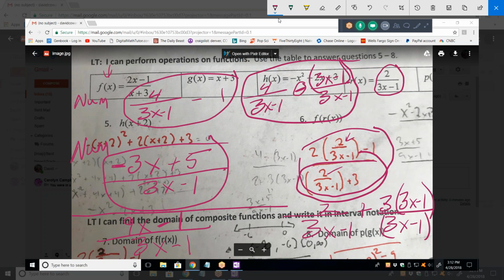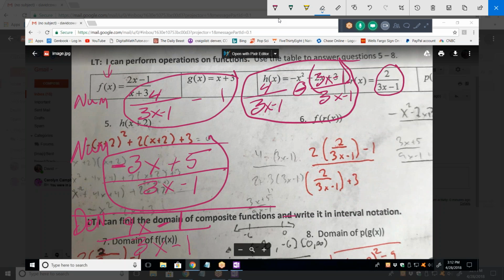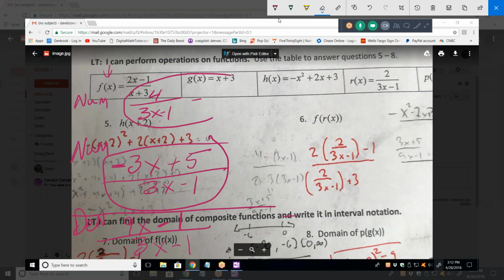So this is my numerator, this is my denominator. Now, how do you divide fractions? I'm not sure. You flip the denominator and you multiply. In other words, you turn all division problems into multiplication problems. Okay.